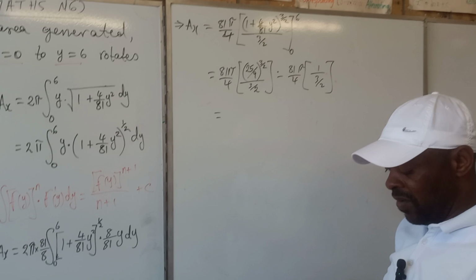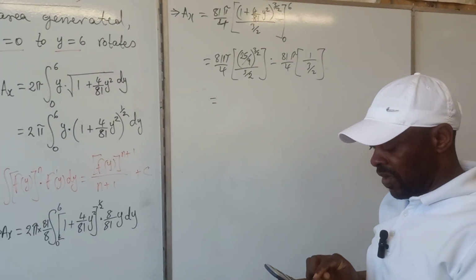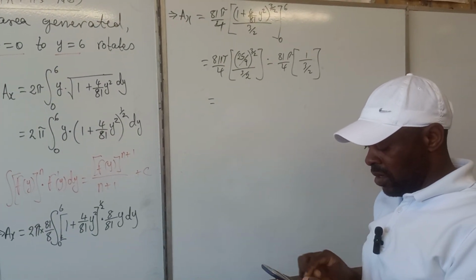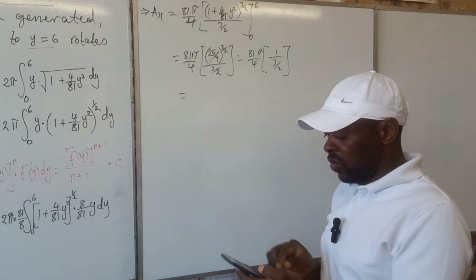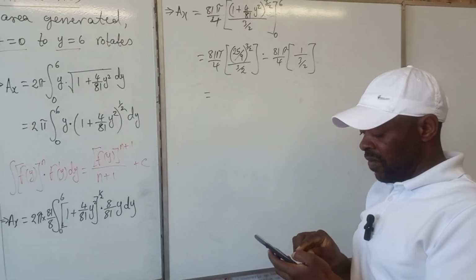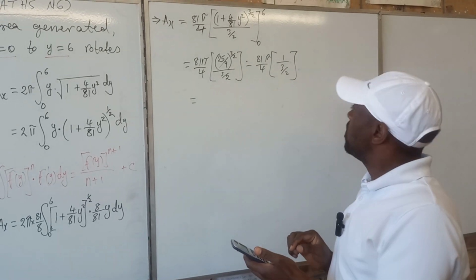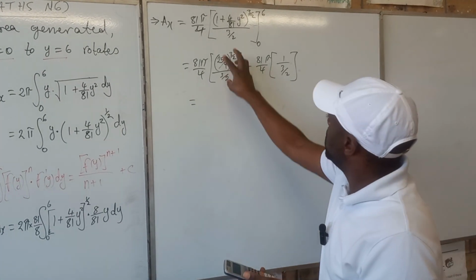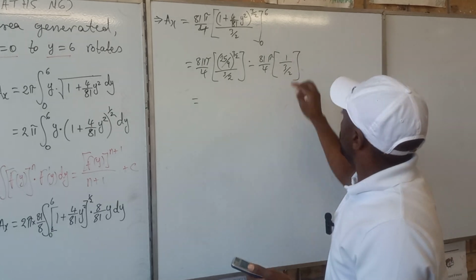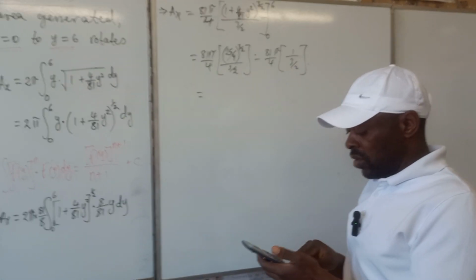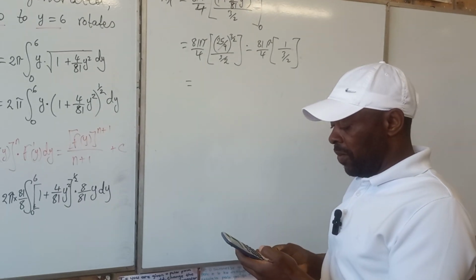I'm taking 25 on 9, then I raise it to the power 3 over 2. 3 over 2 is the same thing as 1 comma 5. So that one I'm done with this portion, then minus 1 on 3 over 2, which is the same thing as 2 on 3.